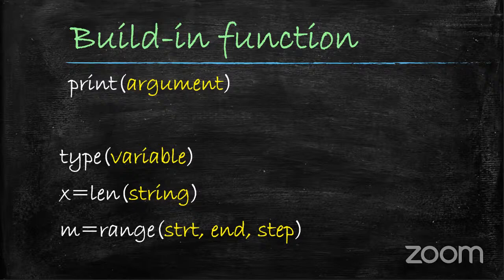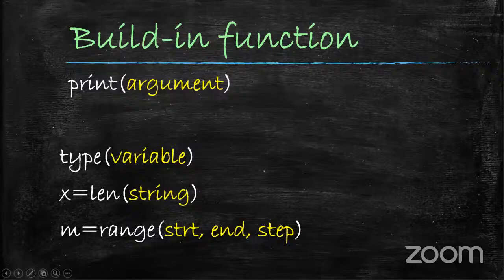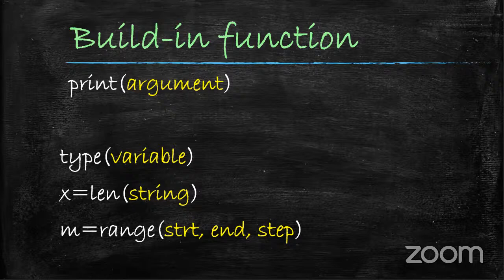Right. Now look at the second one, type of a variable. This returns a value to the program. When you write type of x, you get the type of the variable x. Then there is a function called len. The function len takes a string as input and calculates how many characters are there in the string.